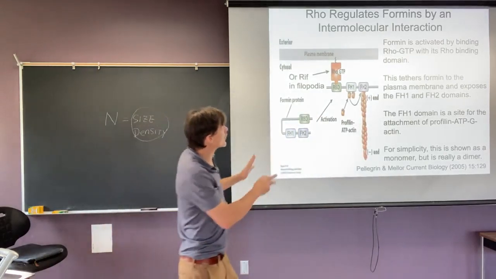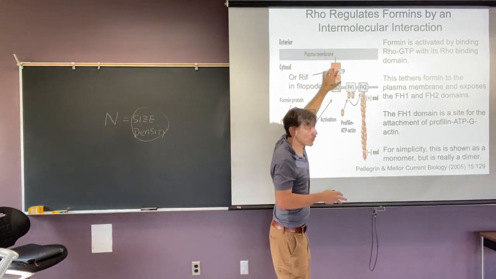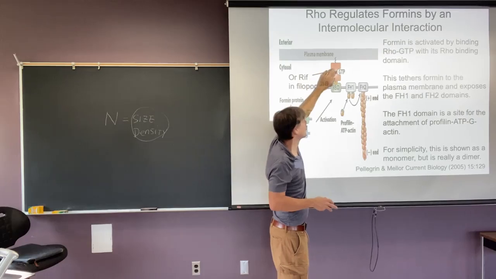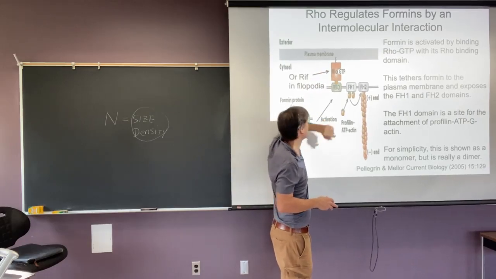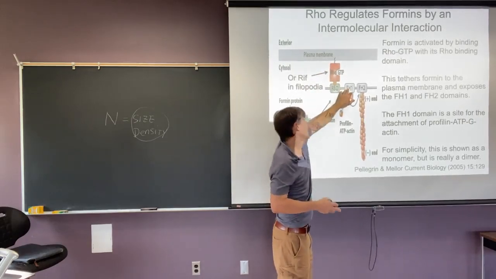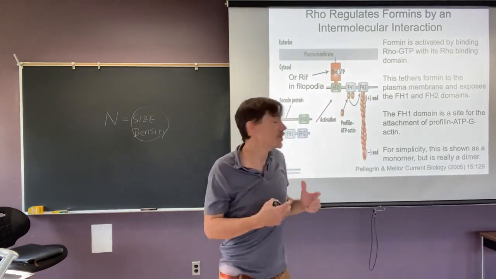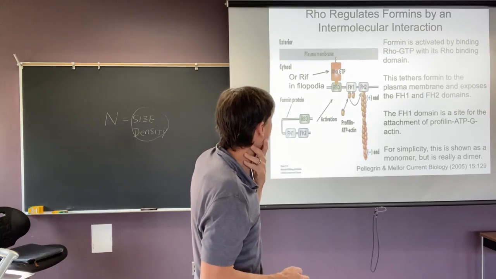And this all really just links actin assembly to the plasma membrane. So the regulator of it is attached to the membrane. It activates this formin, and then these other proteins can work along with it to build actin filaments. Okay.